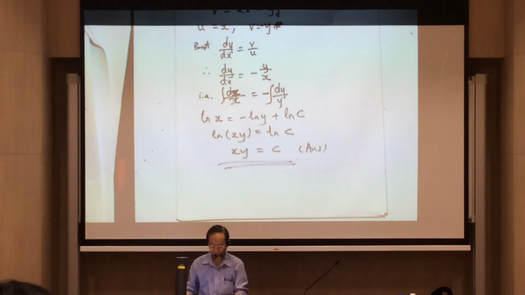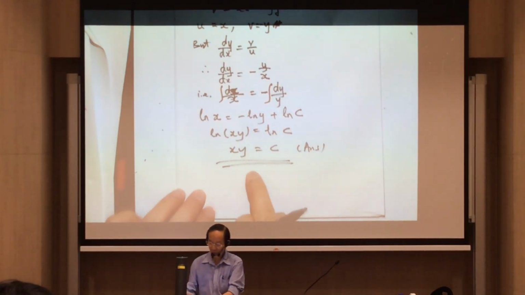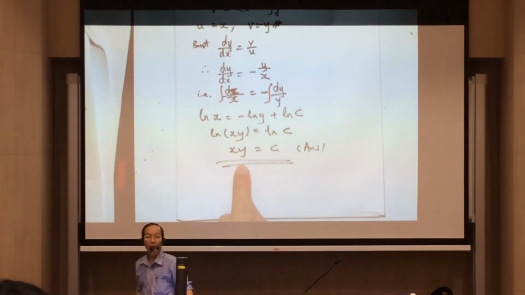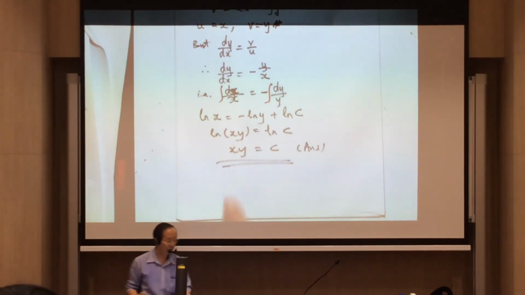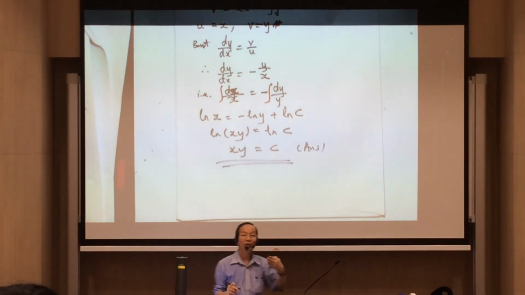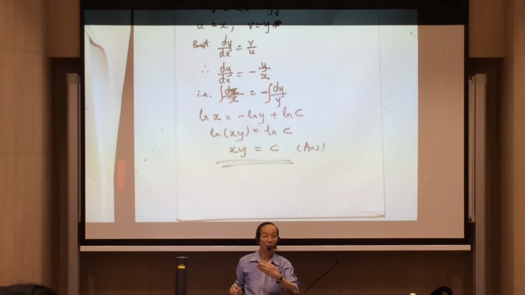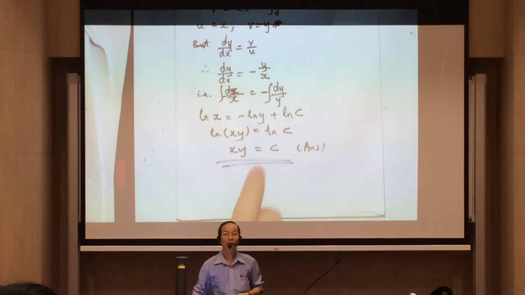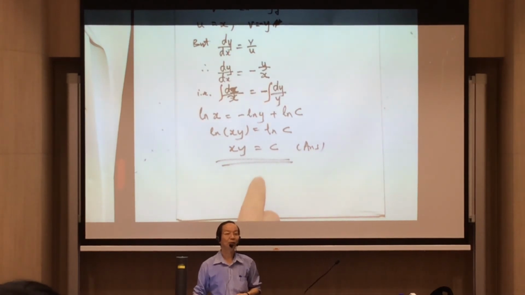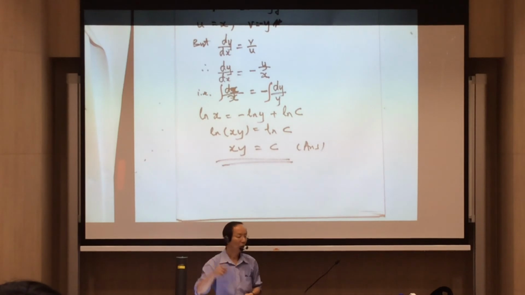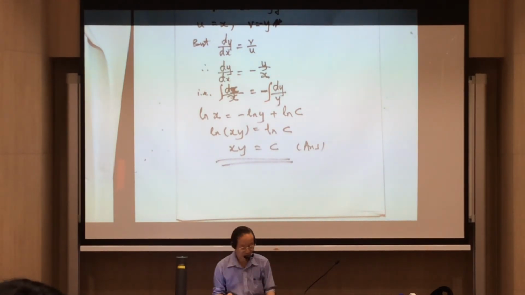This equation of the streamline, xy equal to c, looks very familiar to you, right? You know the spray jet example in your lecture. You came across that streamline equation, so it looks like a spray jet. Yes or no? Very good.